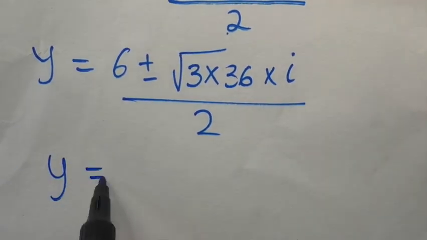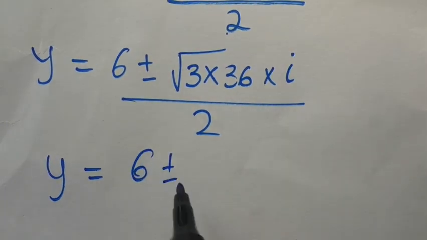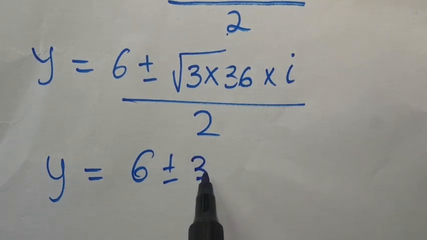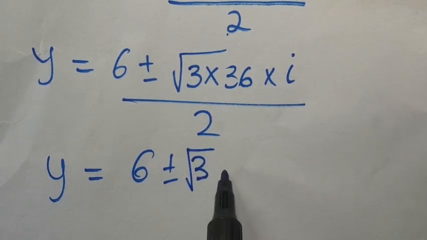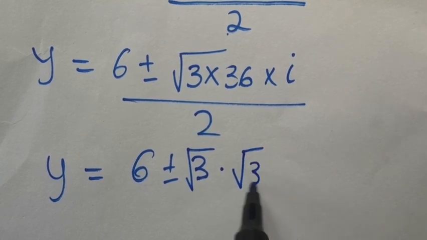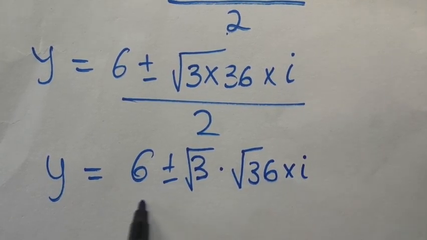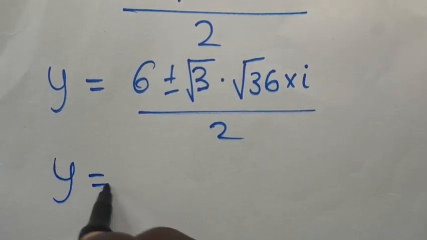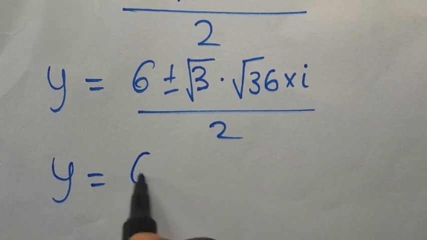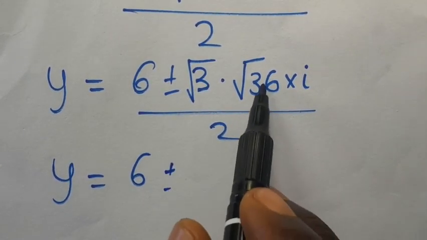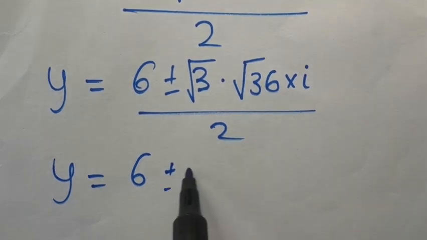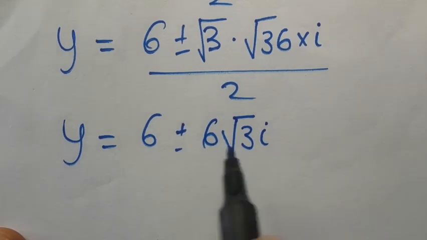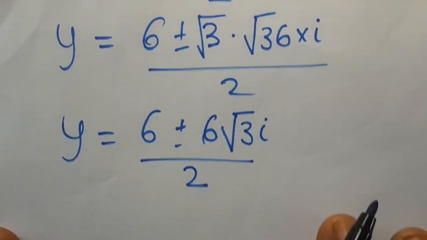So we have y equals 6, positive or negative, root 3 multiplied by root of 36 multiplied by i, divided by 2. Root of 36 will be 6, so y equals 6, positive or negative, 6 root 3 i divided by 2.